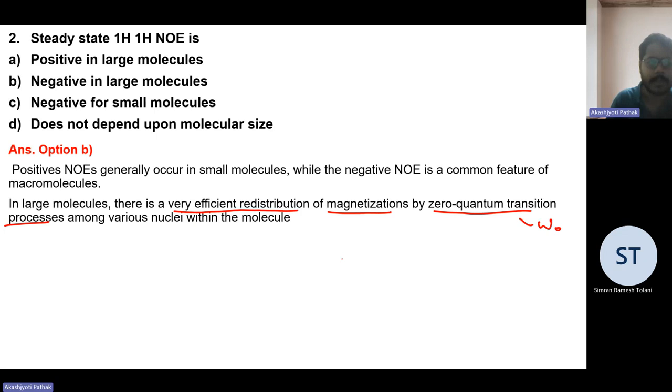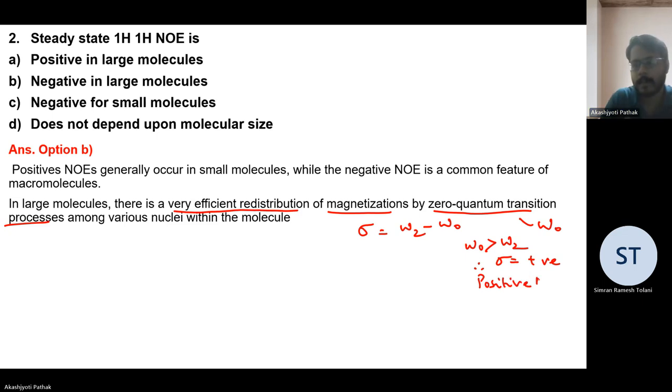So we know from the earlier question that sigma is equal to omega 2 minus omega 0. Here we see a very efficient redistribution of magnetization by zero quantum transition process, so W0 is more than W2. So therefore, sigma is positive. That means we'll call it positive NOE.